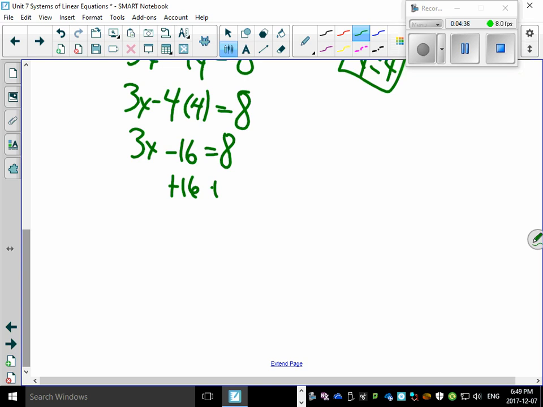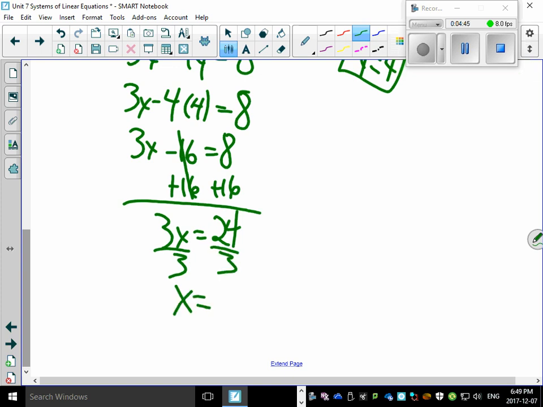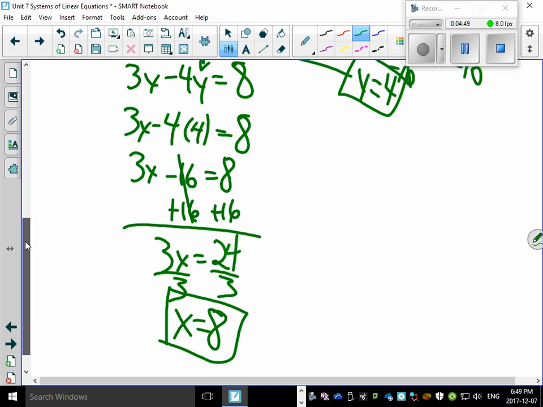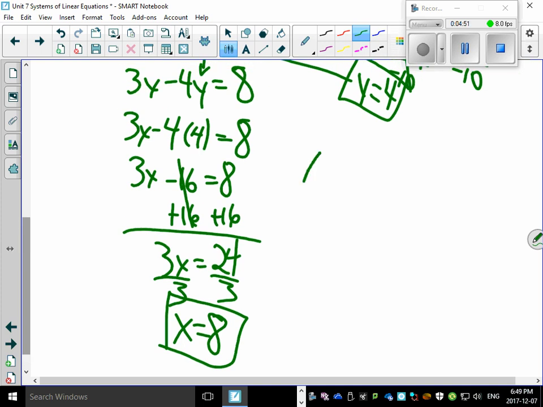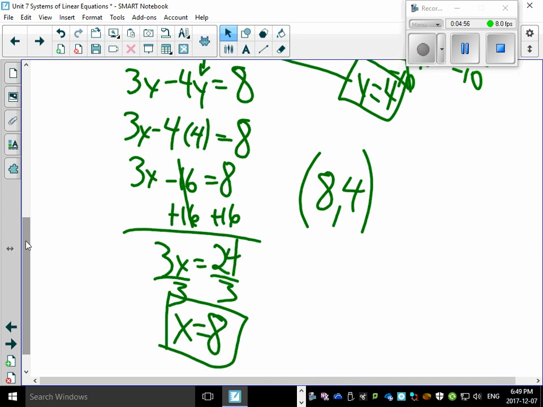That gives you 3x equals 24. Divide by 3, divide by 3. x equals 8. Look at that. I've got x equaling 8, I've got y equaling 4, so there are my solutions, and a beautiful way of getting rid of those nasty fractions.